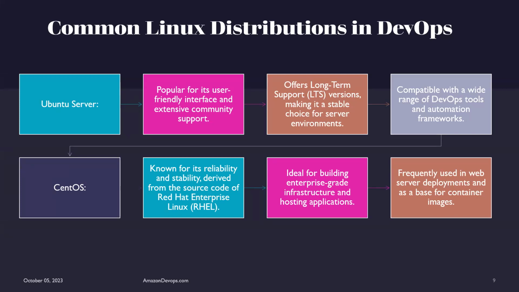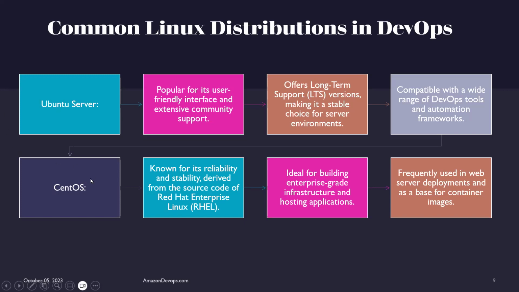It's usually short-term support. So what does long-term support mean? It means that every version that is long-term support gets 5 years of support from Ubuntu's developers. Also, Ubuntu is very compatible with a wide range of DevOps tools, and this is going to be important, especially for automation frameworks.